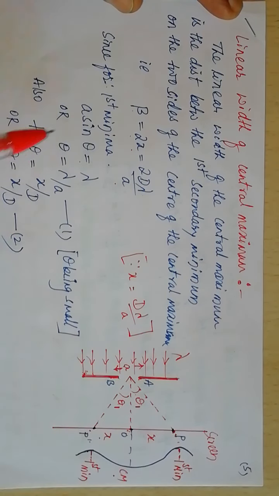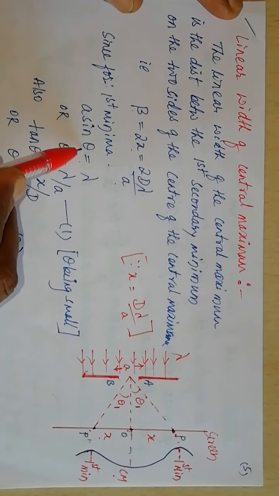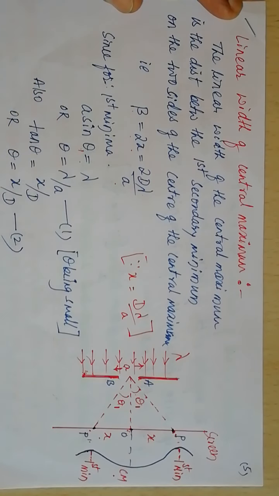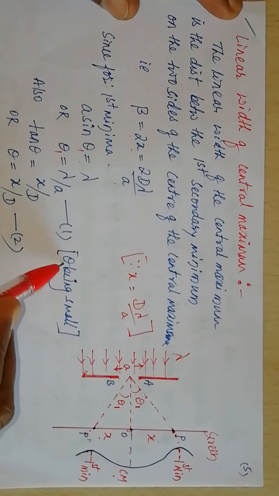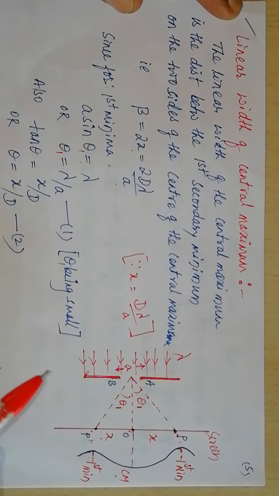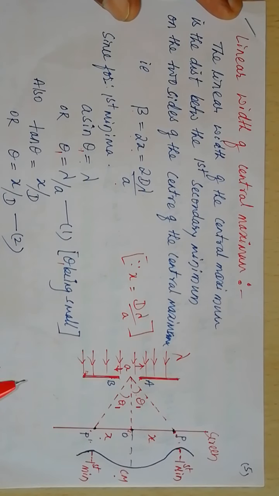Then we can write a sin theta 1 equals lambda, or theta 1 equals lambda by a, theta 1 being small. It is a fraction of a degree. That's why sin theta 1 can simply be written as theta 1, so a theta 1 equals lambda. Also, tan theta 1 equals x by d.